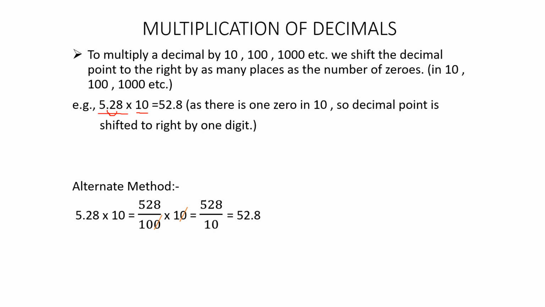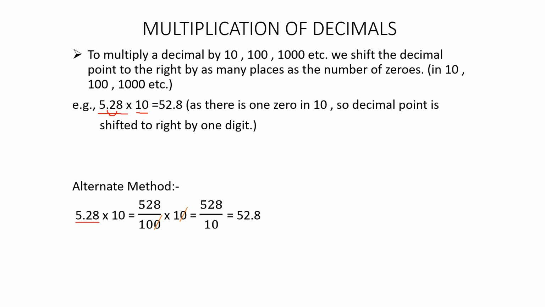See 5.28 into 10, this 5.28 you can write in the form of a fraction, right? So it will be 528 upon 100 into 10. Now these 0 0 you can cancel, right? So the numerator's multiplication will be 528 and the denominator, that is 10. So 528 upon 10.